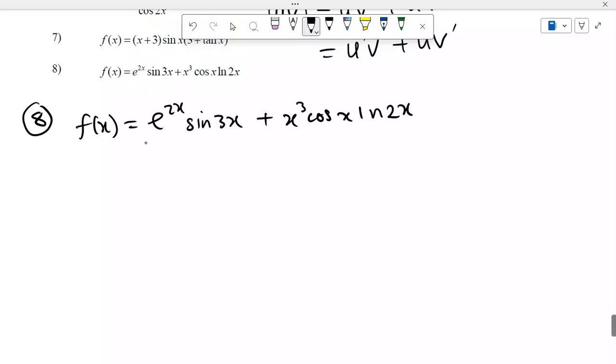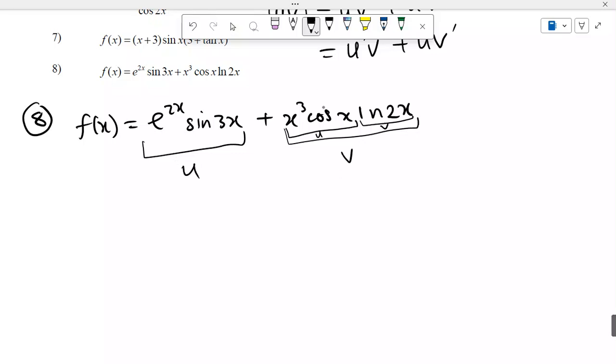Okay, so this is easy to solve because we have u and v, but this one is a combination of 3 functions. There is x, cos x, ln x. So here we'll have u here, then also this part v. So our u is this, our v is this.